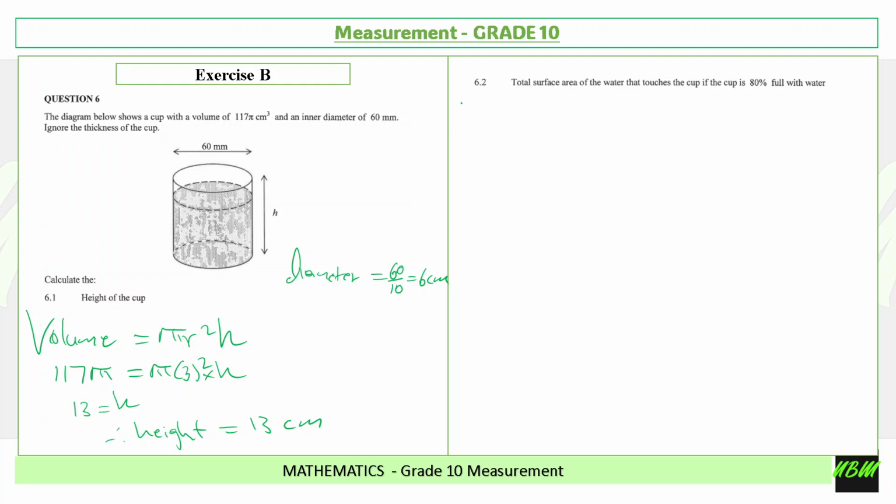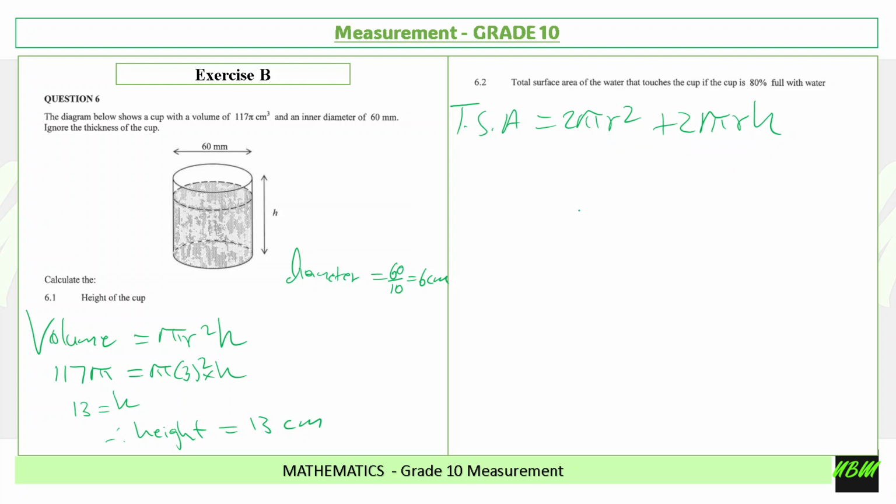So firstly, the total surface area of a cylinder is given by 2 pi r squared plus 2 pi r h, where 2 pi r squared is pi r squared of the base and pi r squared of the top. Pi r squared plus pi r squared, 2 pi r squared. And our 2 pi r h will be the sides of the cylinder.